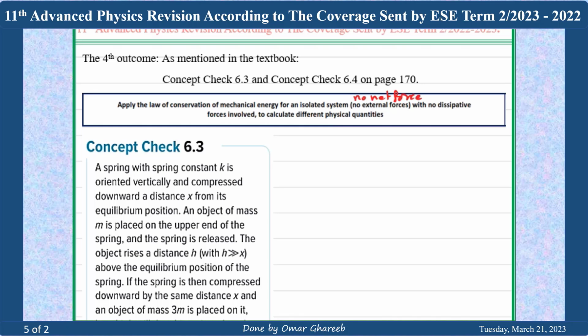No net force, with no dissipative forces involved, to calculate different physical quantities. And the coverage sent by the ESE suggests that we need to discuss concept check 6.3 and concept check 6.4, page 170. Let's do it.